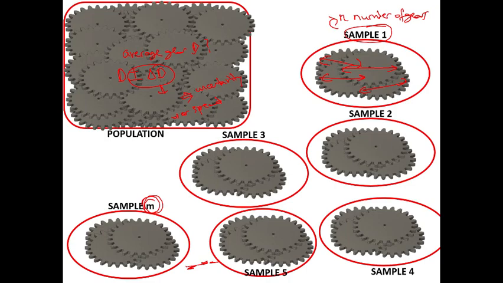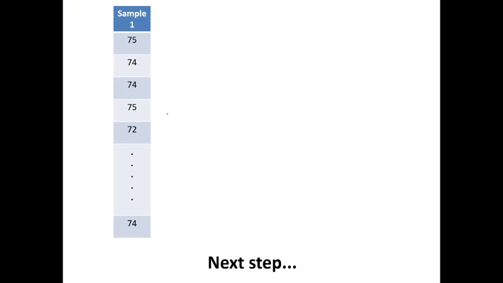The next step is that you do similar things for the other samples. You measure the diameter here, here, and here, for all of these gears. Then you write the values that you have. For example, sample 1, this one is gear 1, and then sample 1, this one is gear 2, sample 1, this one is gear 3, and then we have gear 4, gear 5, and this goes up to gear n.